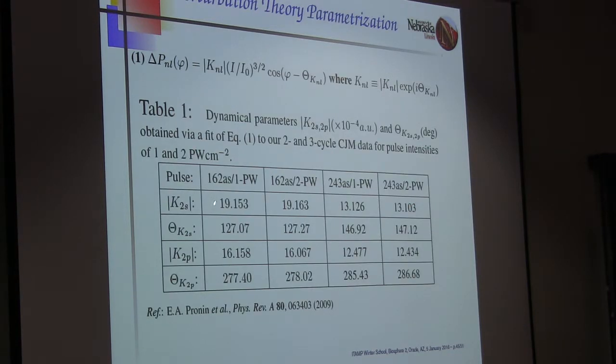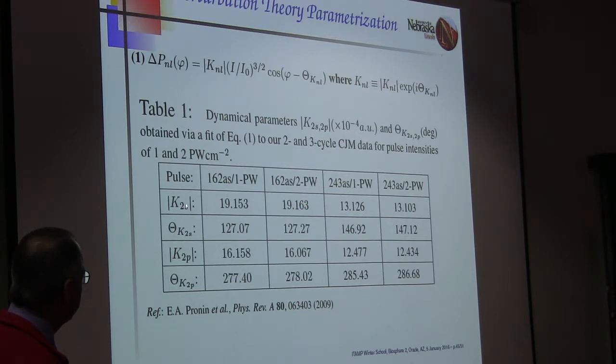And if we show you the values of the parameters, you see that we extracted the intensity dependence. So using pulses of 1 petawatt and 2 petawatt produces almost no change. It should produce 0 change, but it produces almost no change in the magnitude of the 2s parameter, in the magnitude of the 2p parameter, in the phase of the 2s parameter, or the phase of the 2p parameter.